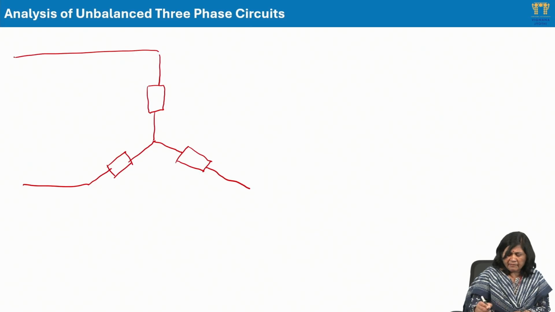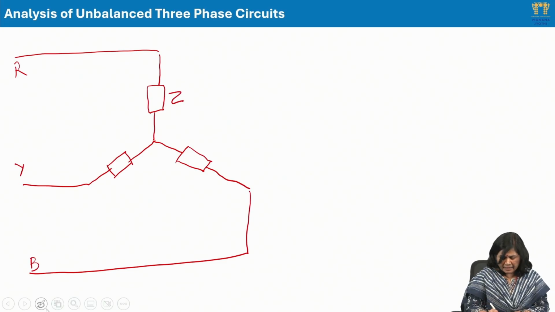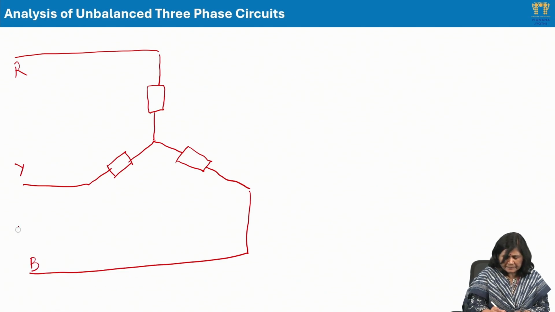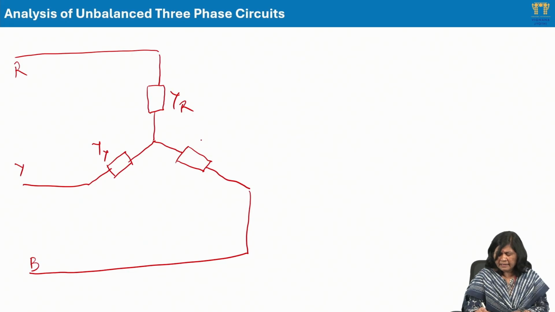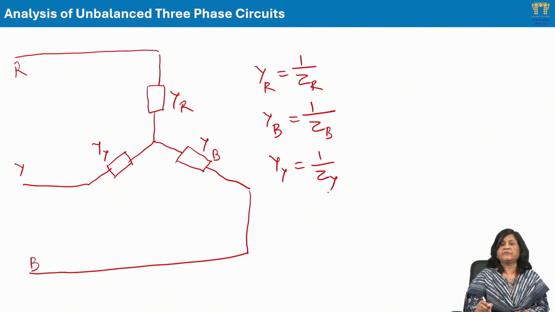So this is my RYB phase, and ZR, ZY, ZB I will take as YR, YY and YB, where YR is the inverse of ZR, YB is the inverse of ZB, and YY is the inverse of ZY.